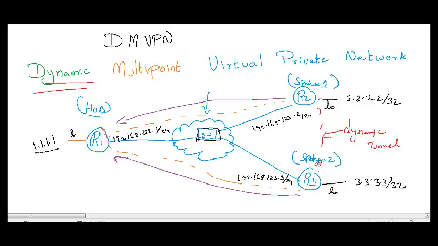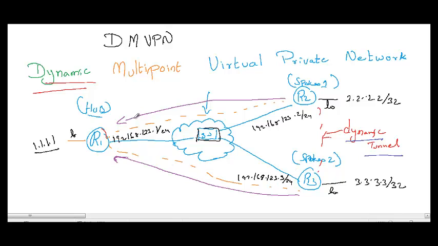But R3 and R2 will form a dynamic tunnel between spokes, and it need not go through the hub always. Only in the initial stage, while learning each other, R2 and R3 go through R1.